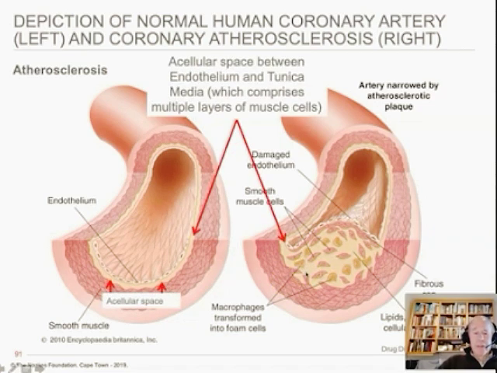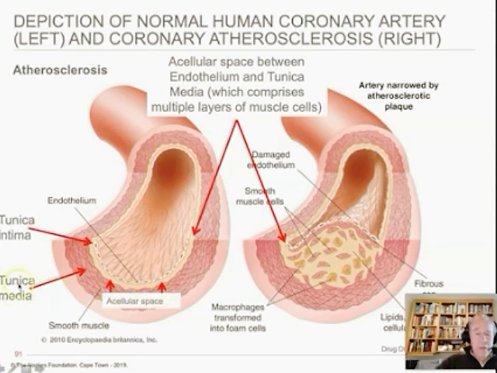And so the key point is that there's an acellular space between the endothelium, which is here, and the tunica media, which is the muscular layer. And the muscular layer, as you can see, has got multiple layers of muscle cells, but below the endothelium, there's no cells. So it's an acellular space. That's what the diagram says.